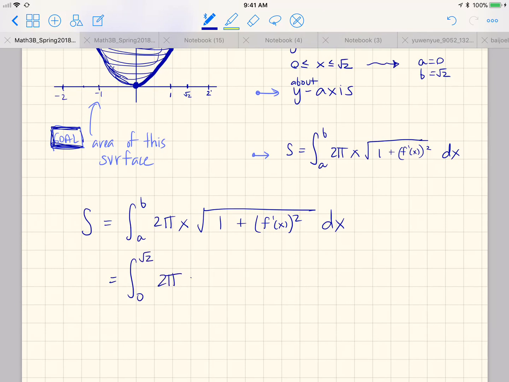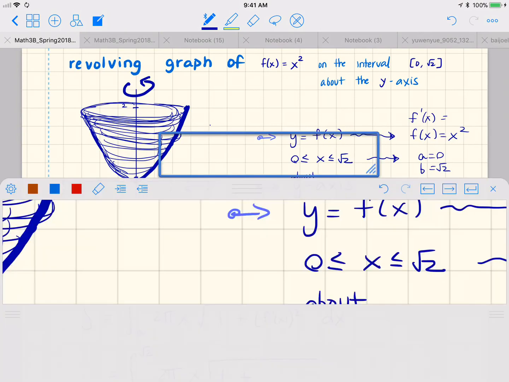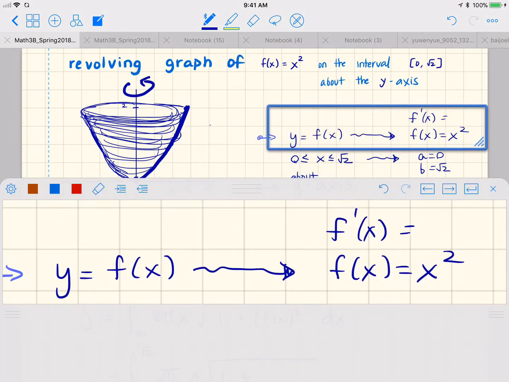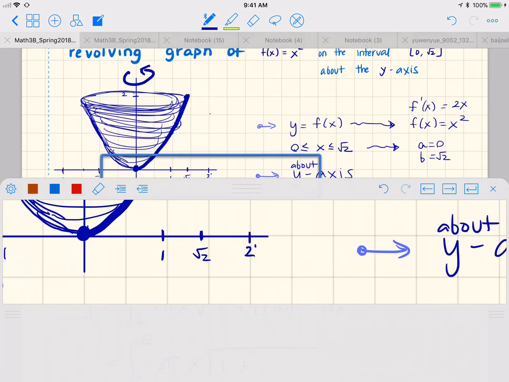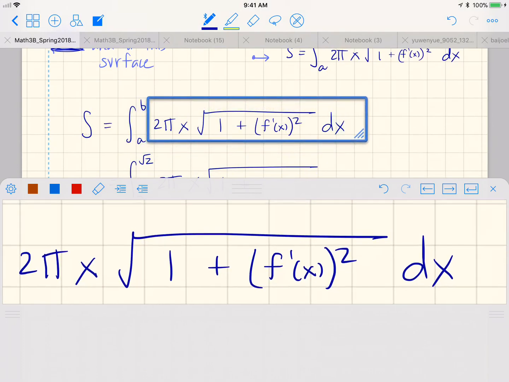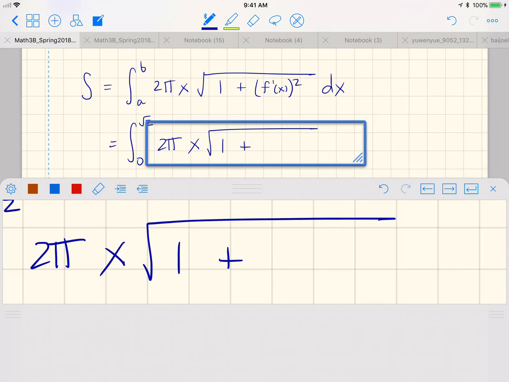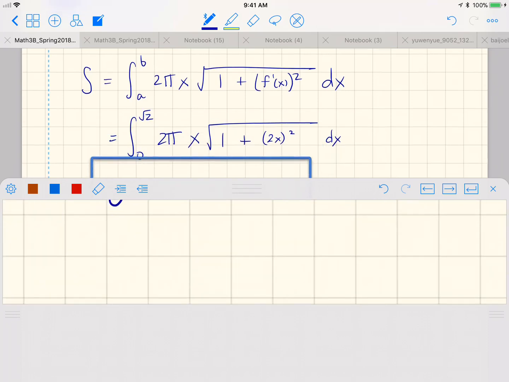Now I need to compute f prime of x. If f of x is equal to x squared, f prime of x is just going to be 2x. So here I am down in my formula, and I need that square root of 1 plus f prime of x squared, so we have 1 plus quantity 2x squared dx.